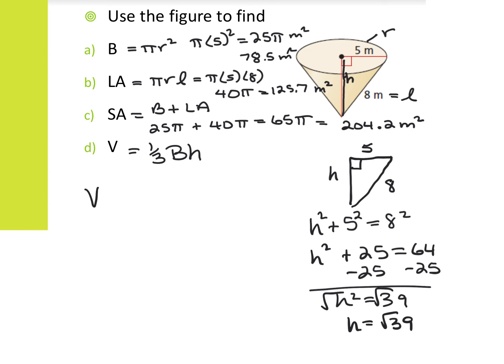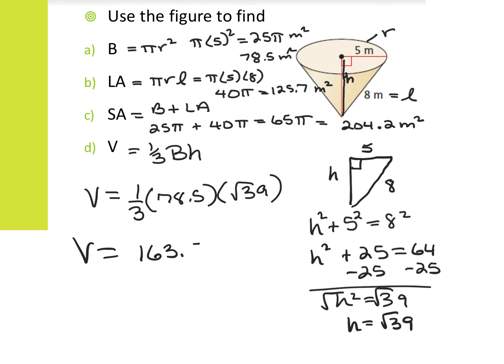So the volume is 1/3. The area of my base was, let me go ahead and just put it in there as, instead of putting it in as 25 pi, I'm going to put it in as 78.5. And then I'm going to times it by the square root of 39. The volume, 163.5 meters cubed.